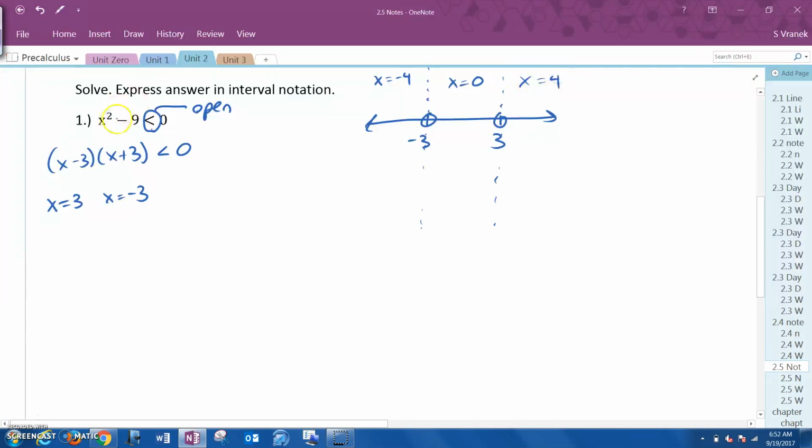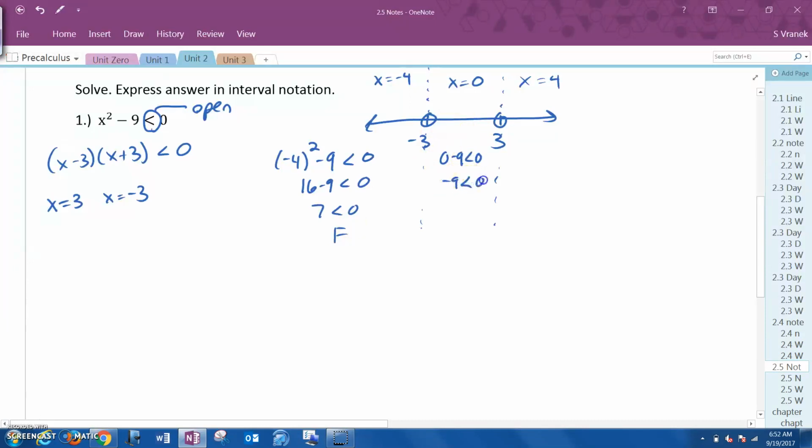And now we test it in the original inequality. I'm going to put negative 4 in, square it, minus 9, and see if that's less than 0. So I get 16 minus 9 is less than 0, which is 7, which is not less than 0. This is a false statement, so this section is not part of the solution. I put 0 in: 0 squared minus 9 less than 0.